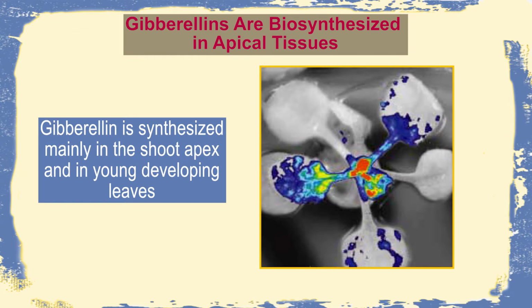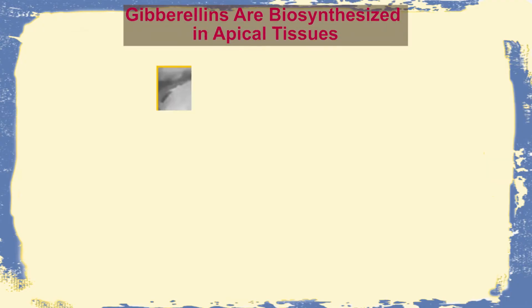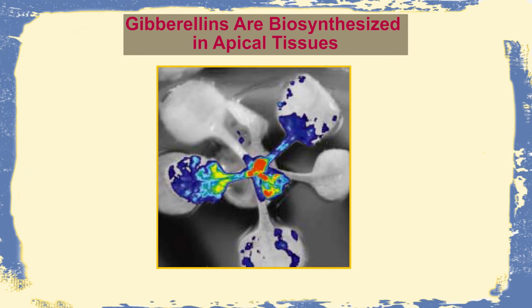Then this was sprayed with luciferin, and the color that is developed was taken in a picture, and the color intensities were analyzed, and then it was modified with false color so that we can identify which part expresses the gibberellin most. This shows that the maximum level of gibberellin biosynthesis happens in the young developing leaves and the shoot apex. Consequently, gibberellins are mostly biosynthesized in the apical tissues of the plant.